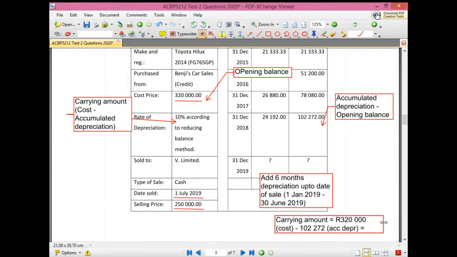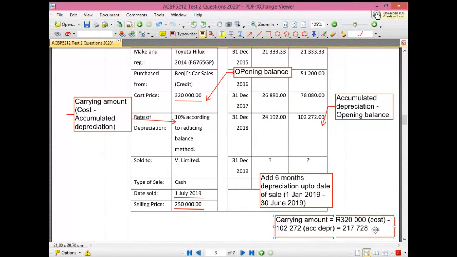If you take out your calculators, what amount do you get for the carrying amount? $217,728. Okay, so the answer from the class was 217,728. So that is the carrying amount.